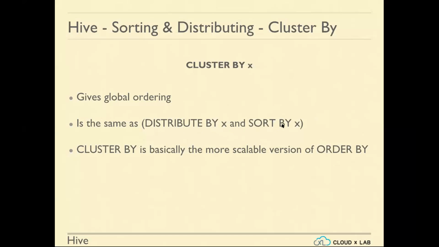This ensures that your sorting happens using multiple machines. It ensures that for every gigabyte of data there is one reducer. So if you have 100 gigabytes of data, there will be 100 reducers and your result will be better. So cluster by is essentially the most scalable version of order by.